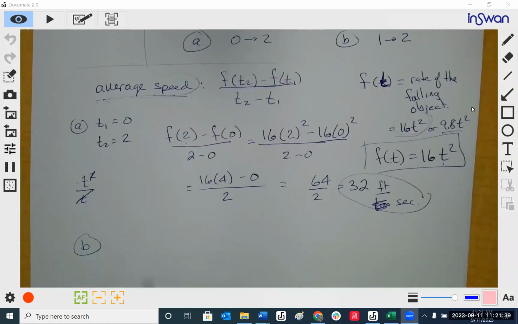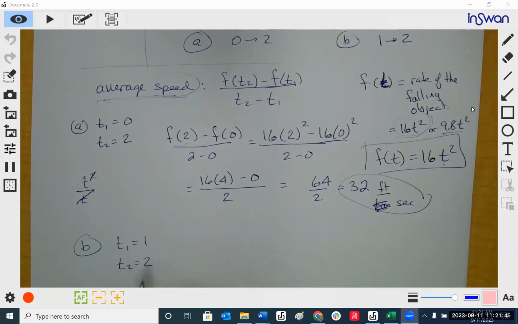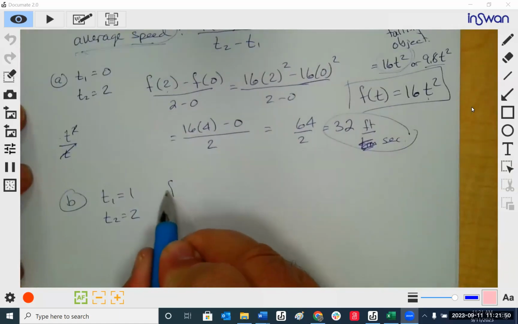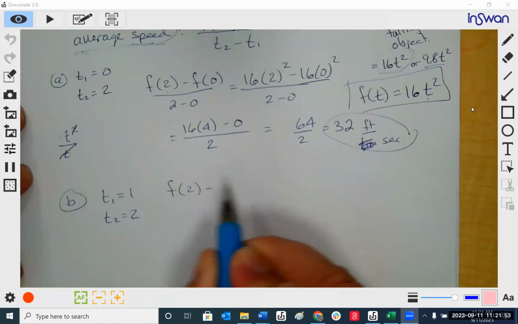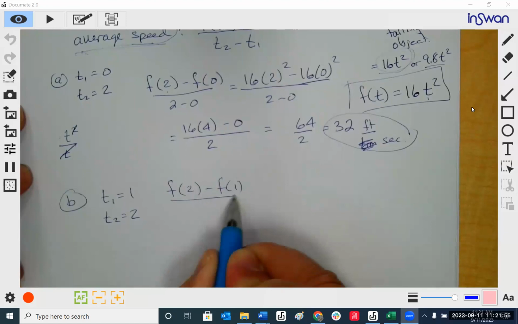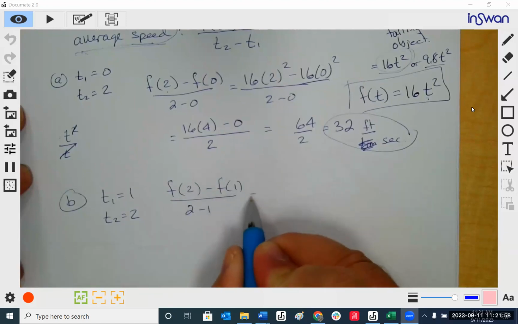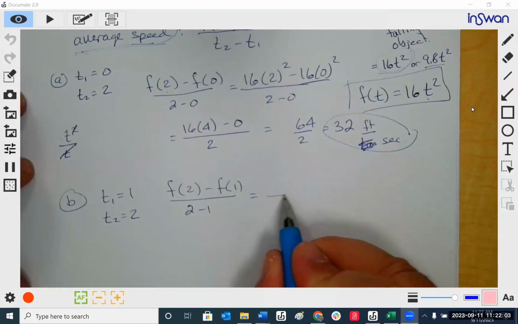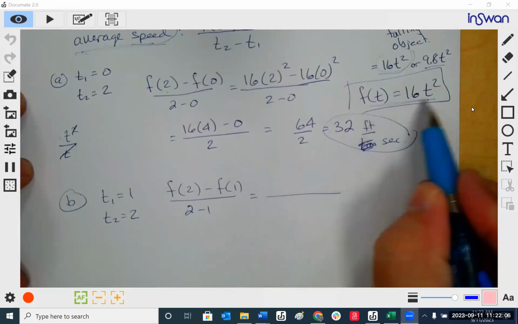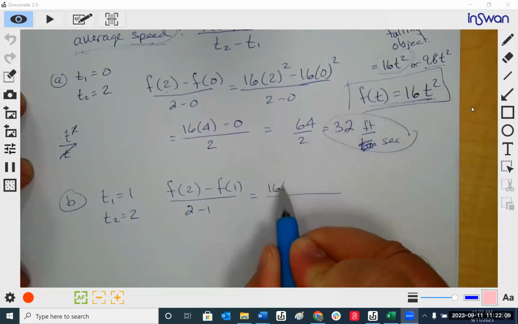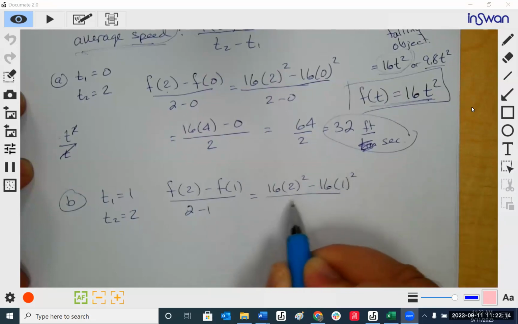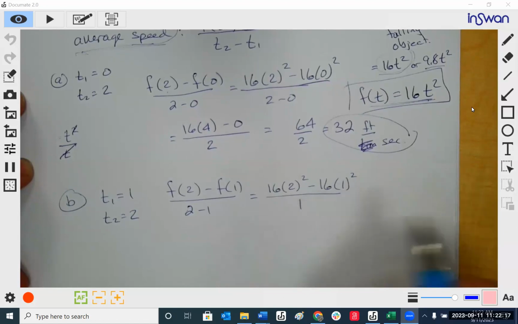How about for B? We have T1 equals 1, T2 equals 2. So it's f of 2 minus f of 1 over 2 minus 1. We're using this function, 16t squared, so it's 16 times 2 squared minus 16 times 1 squared over 2 minus 1, which is 1.